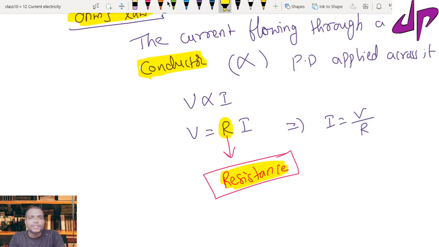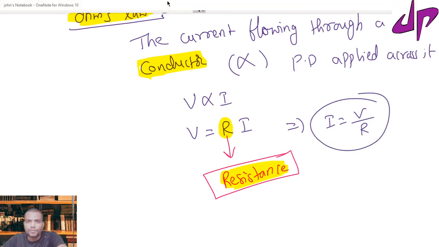So finally I can state Ohm's law. For a given conductor, the current flowing through it is directly proportional to the potential difference applied across it. So V is directly proportional to I, and V equals IR, and from that we can write the relation for the current, I equals V upon R.